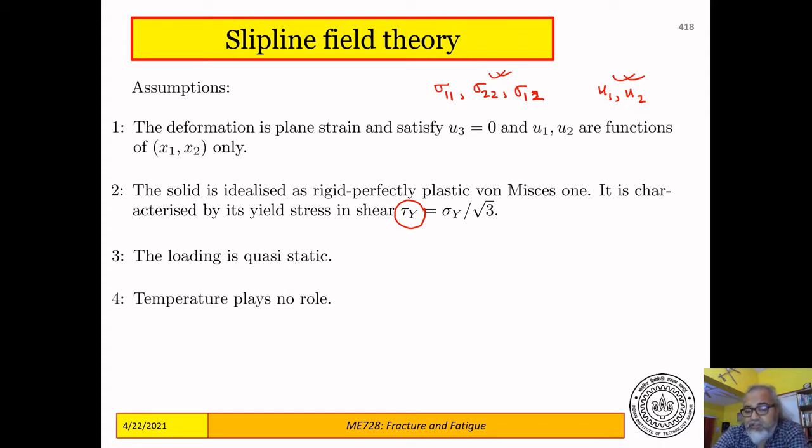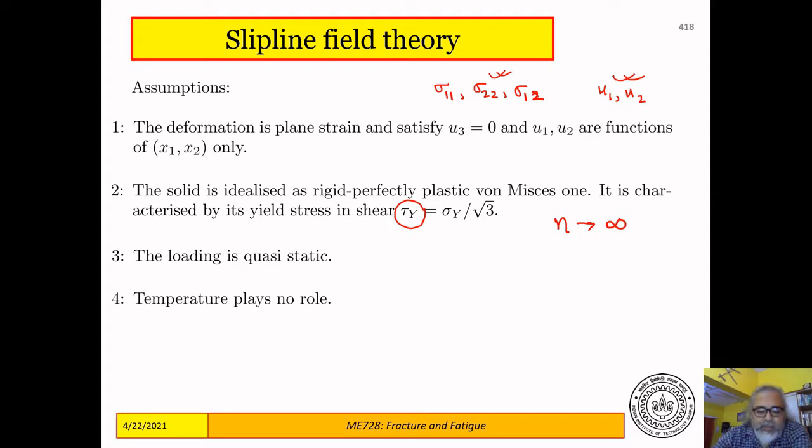We have large scale plasticity, remember, and it's perfectly plastic, so there is no expansion of the yield surface. The yield stress in shear remains constant irrespective of the plastic strain, which in Ramberg-Osgood terms means that the hardening exponent tends to infinity. We have seen this in the earlier slides as well.